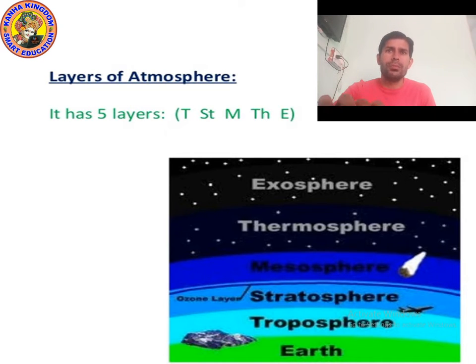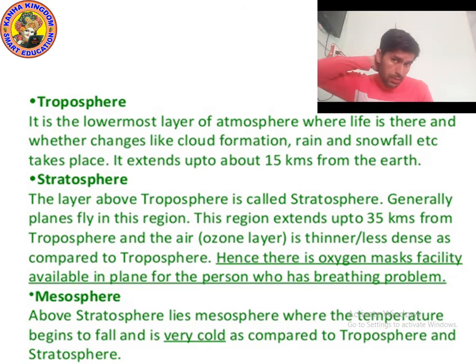Now let's talk about these layers. Let's go to the next point. Now let's talk about the troposphere. So what is troposphere? It is the lowermost layer of the atmosphere. Lowest layer means the layer near the earth.